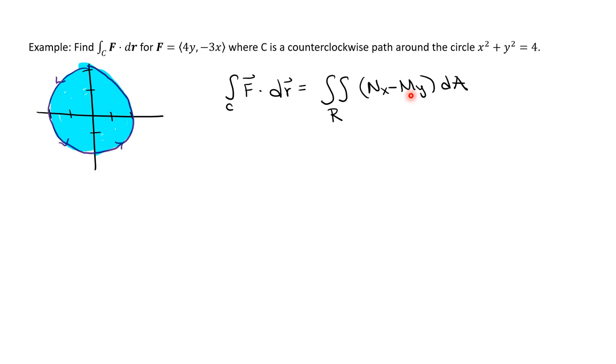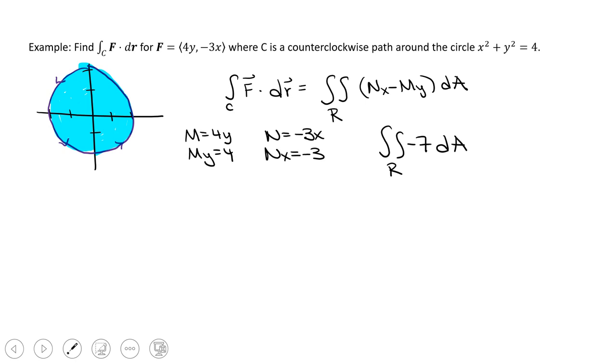We're going to talk more about that concept in our next section. It just feels weird to not give it a meaning. But again, we're going to integrate our Nx minus My over this area, and that'll be the exact same thing as integrating over this path across our vector field.